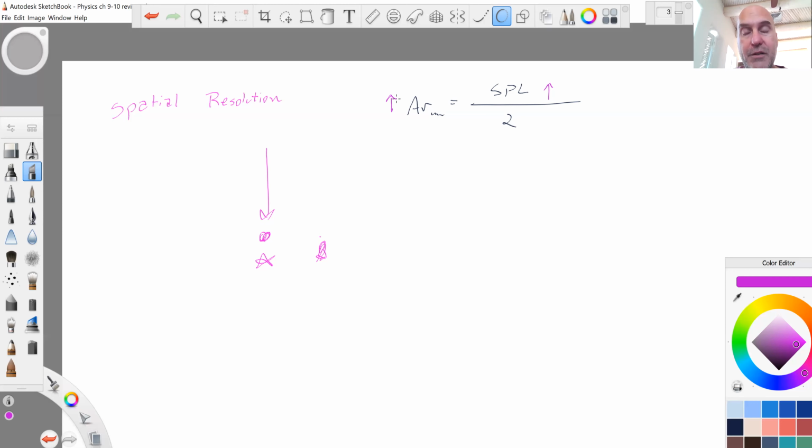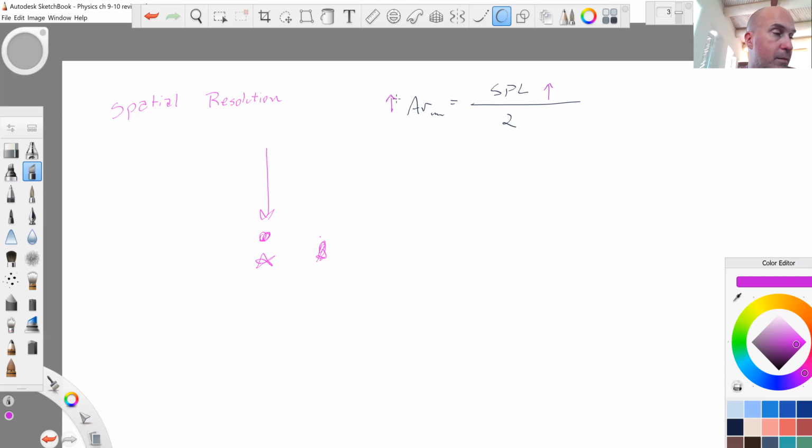The number for your axial resolution will increase, but that's not good. You want your number to be as small as possible. If your axial resolution is 10 millimeters, you ain't seeing anything with any kind of clarity in the body. But if your axial resolution is 1 millimeter or half a millimeter or even less, now you're starting to see really nice detail.